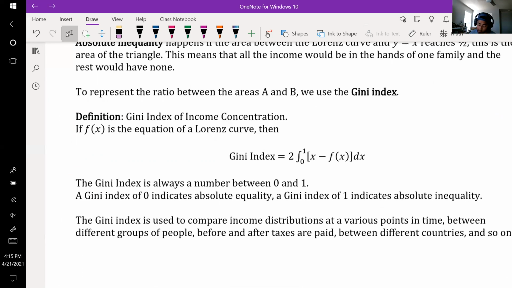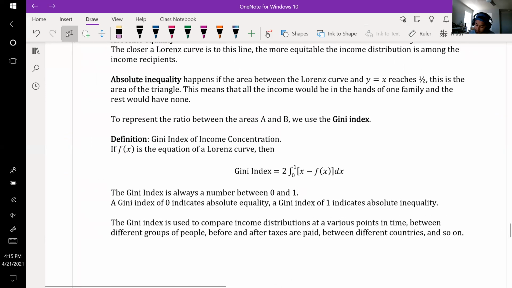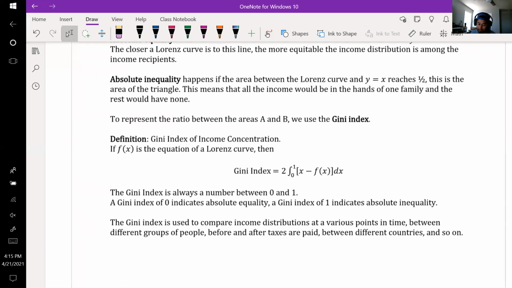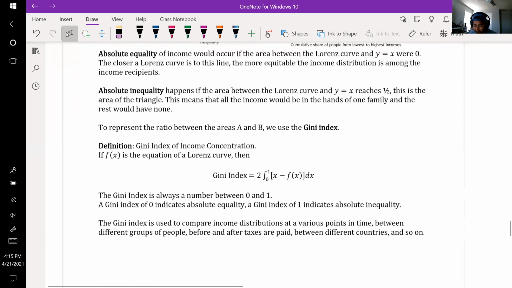A Gini Index of 0 indicates absolute equality, and a Gini Index of 1 indicates absolute inequality. The Gini Index is used to compare income distributions at various points in time, between different groups of people, before and after taxes, and between different countries. So, pretty cool. Which means let's get into the last example using the Gini Index, of course.